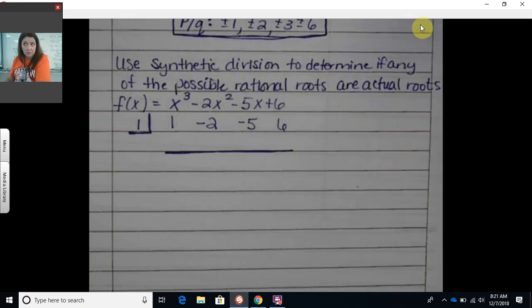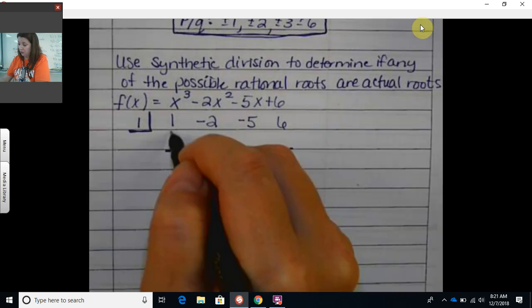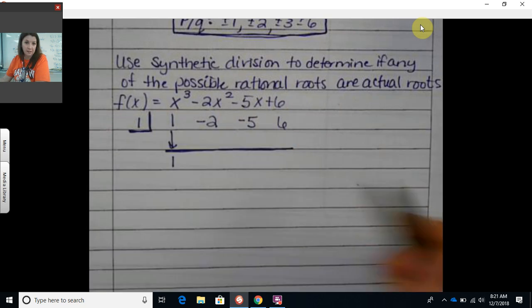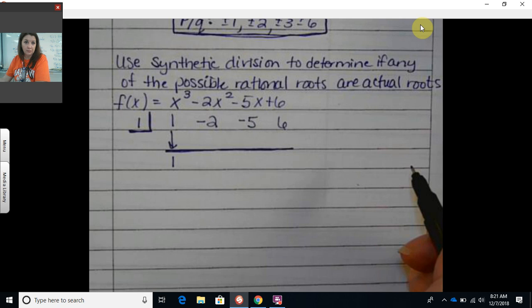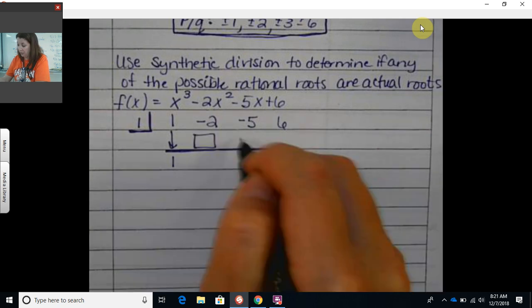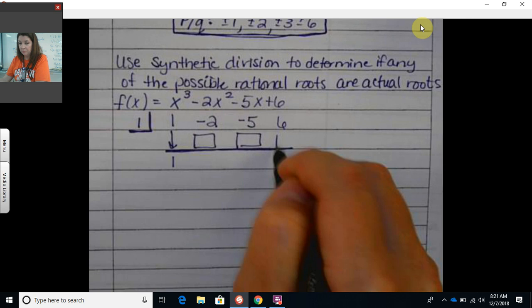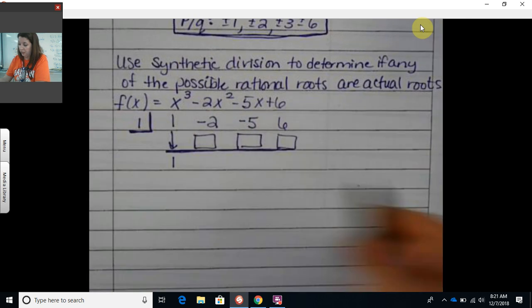So you just get rid of the variables and exponents? Yes. To start it off, the very first number, you just drop it down below the line. The number you drop below the line is your starting point.